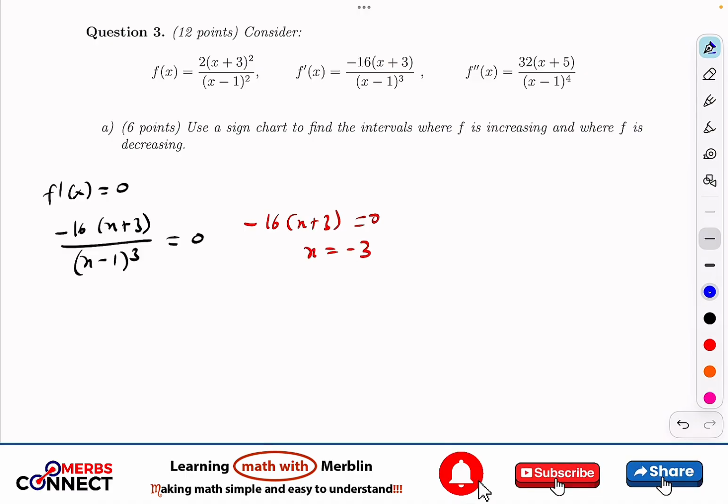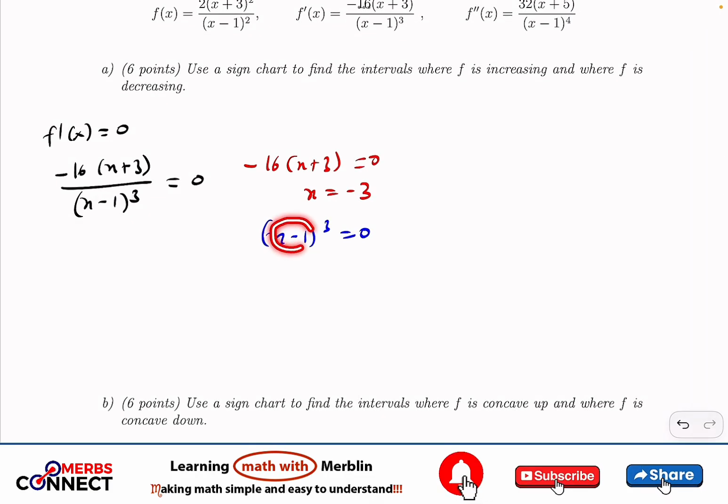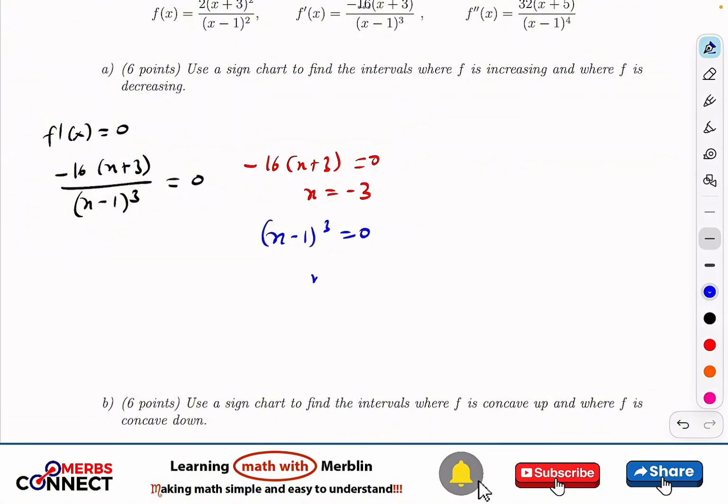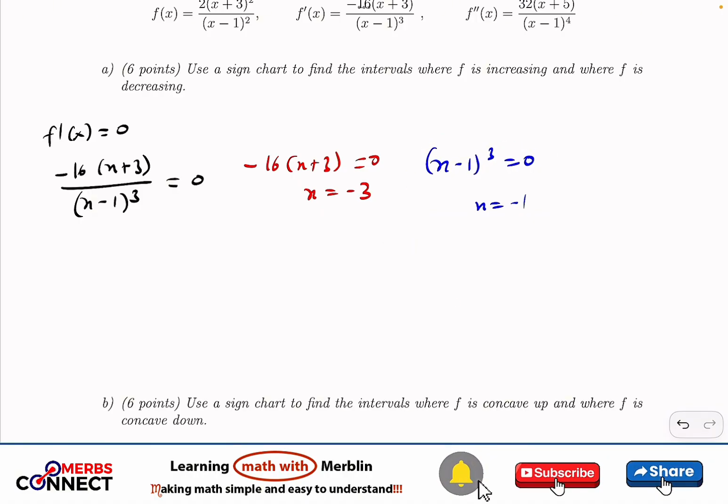Then I'll pick the denominator too and set it to 0, and think of the value of x that will make this one 0. And I see that x is equal to 1. So the critical points are minus 3 and 1.